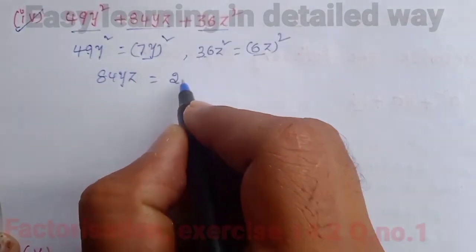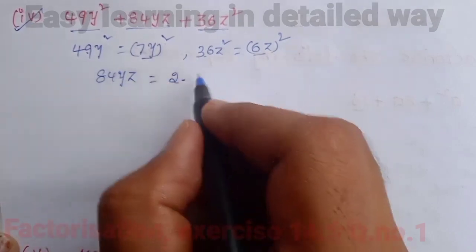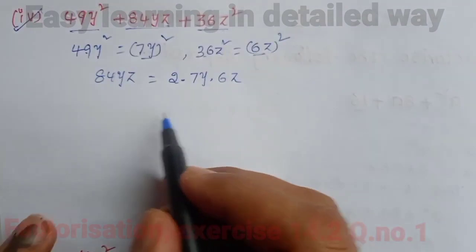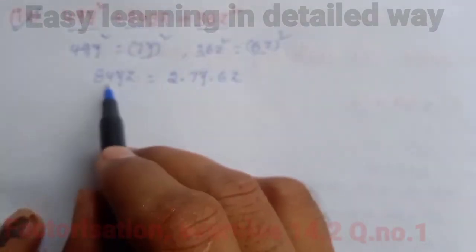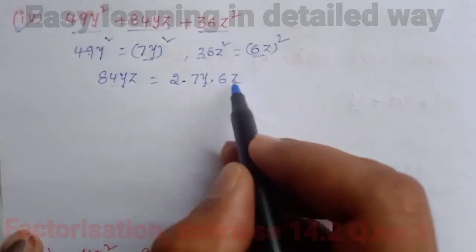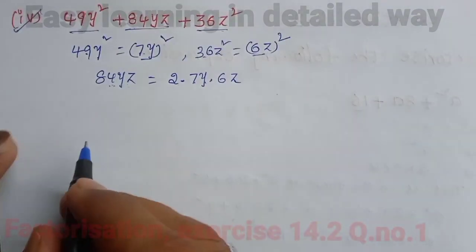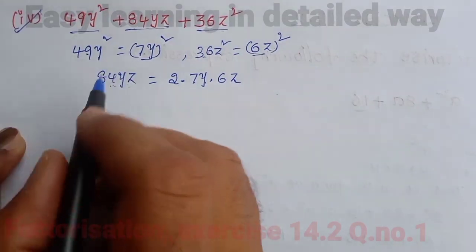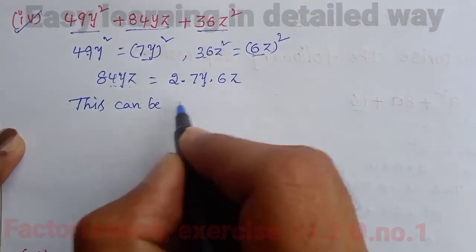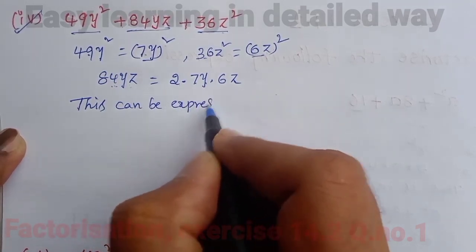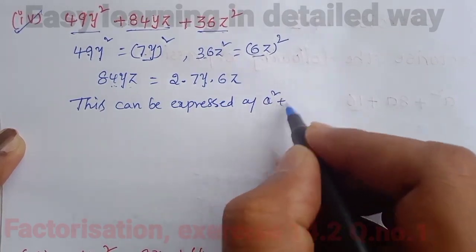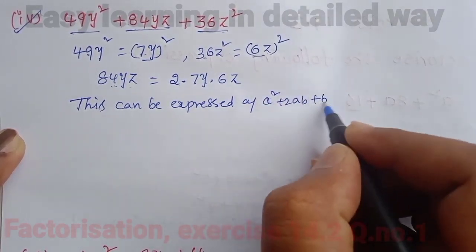It will be 2 into 7y into 6z. See, it can be equal to 84yz. 2 7s are 14, 14 6s are 84, and y into z is yz. So see, this can be expressed as the identity, that is a square plus 2ab plus b square.